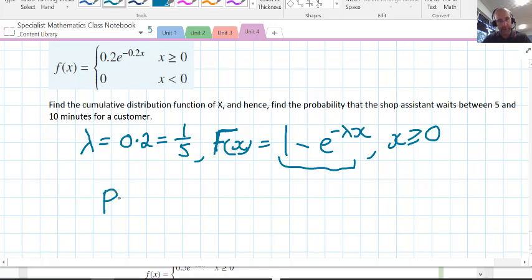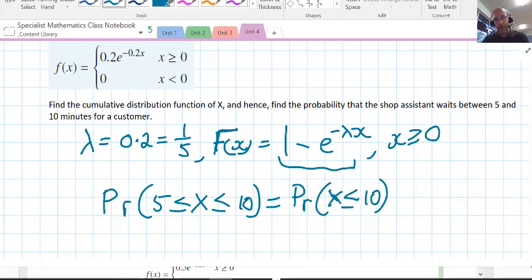So we have the probability that 5 is less than or equal to x, which is less than or equal to 10, from the question. That can be rearranged in a convenient way.